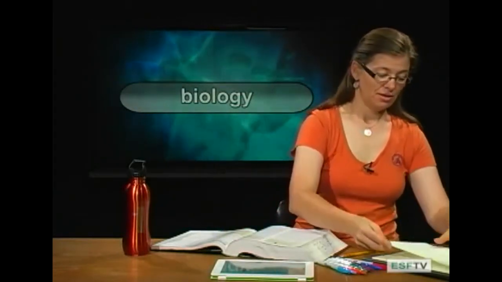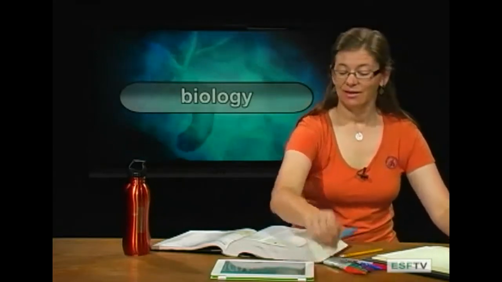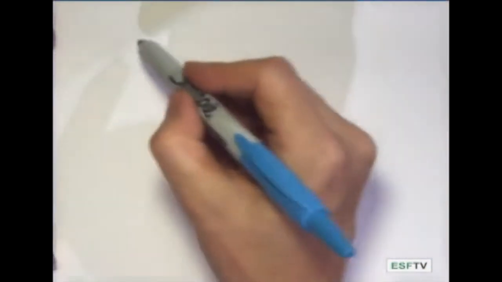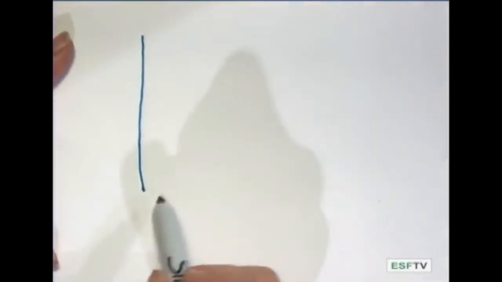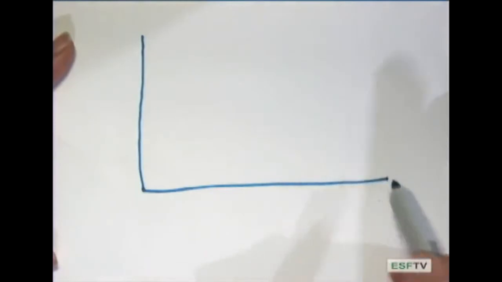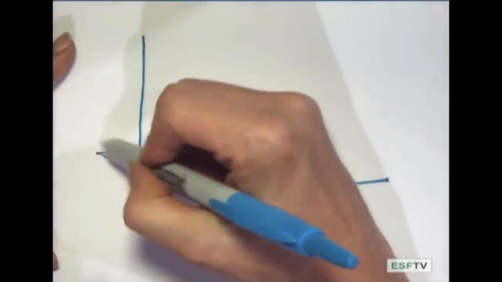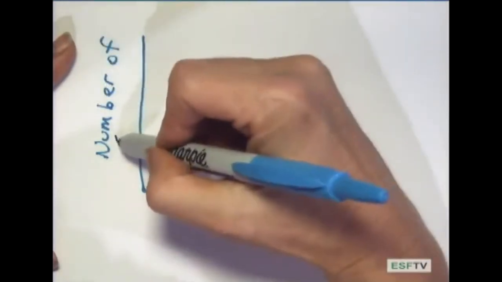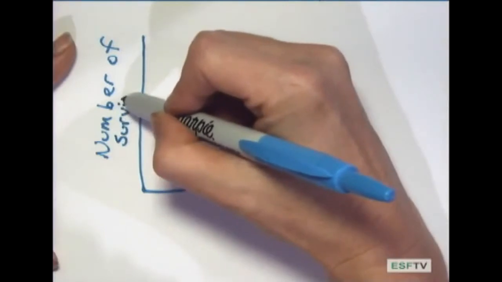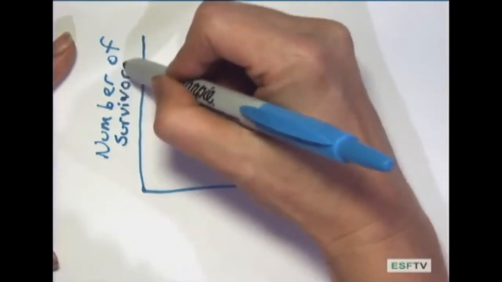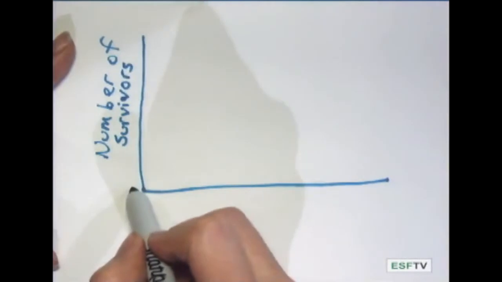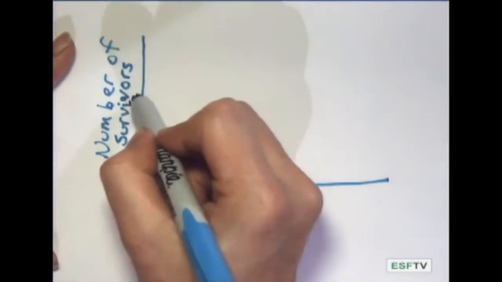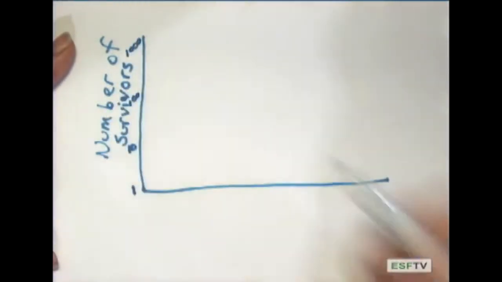So that you get an idea of how to do this. Again, on your y-axis, you're going to be representing the number of survivors. Okay, and again it's going to be on a logarithmic scale with 1 at the base, 10, 100, and then 1,000.